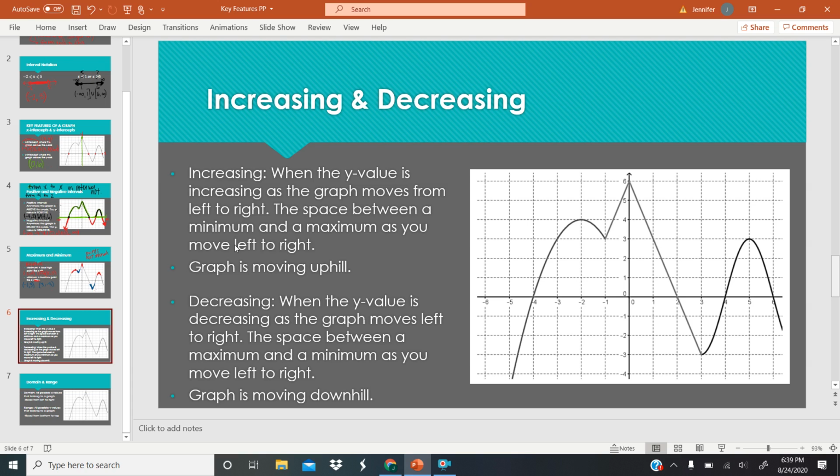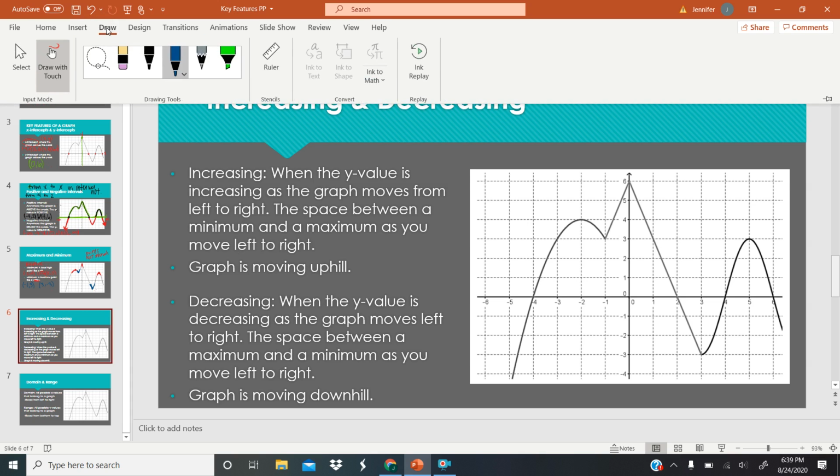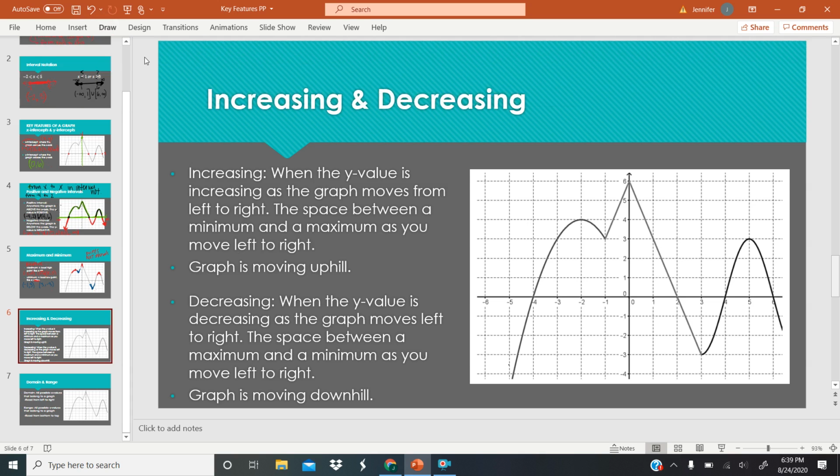So the next thing I want to talk about, it's going to be another interval. And for this one, I'm going to go ahead and put my arrows on here. Okay, and for this one, it might be a little bit new to you guys. So for increasing, it's basically like if you're moving from left to right across this graph, it's when you're moving up.